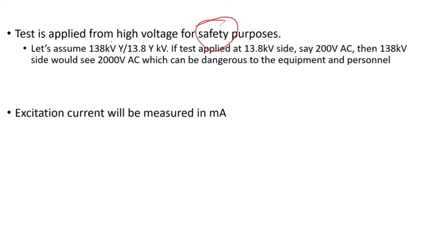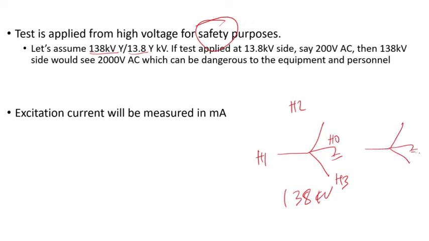So let's assume you have a 138 kV grounded Y to 13.8 kV grounded Y transformer. If test is applied at the 13.8 kV side, in other words, you have a grounded Y. So this is rated 138 kV. So you would have H1, H2, H3, and this one H0.